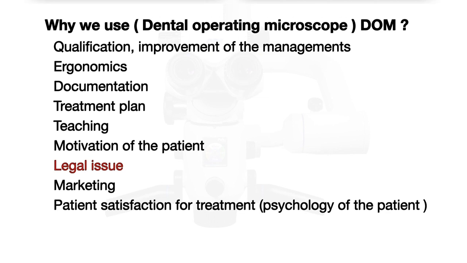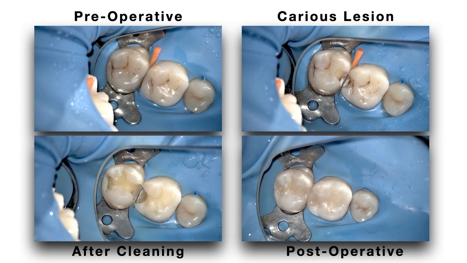For example, let me show you this case again. If I do a composite, the patient only sees this caries in the mirror, but after I open the cavity, I see caries also.